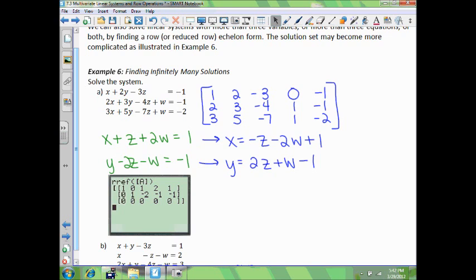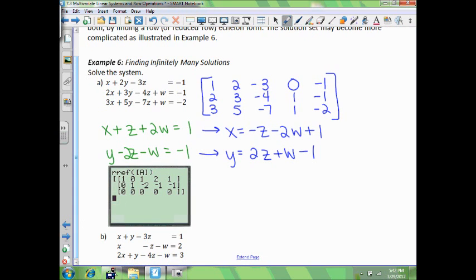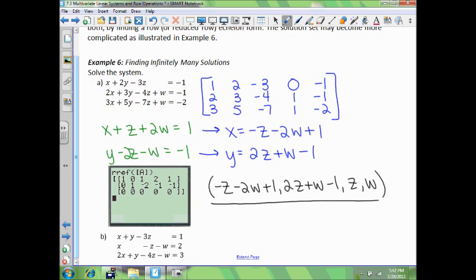That means my solution will be -z minus 2w plus 1, 2z plus w minus 1, z, and w. So here's my solution. Every time that you get zeros in your bottom row, there will be infinite solutions.